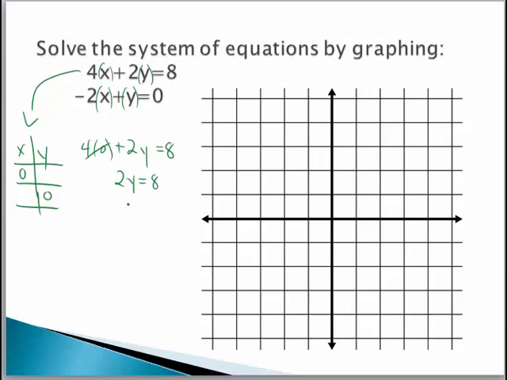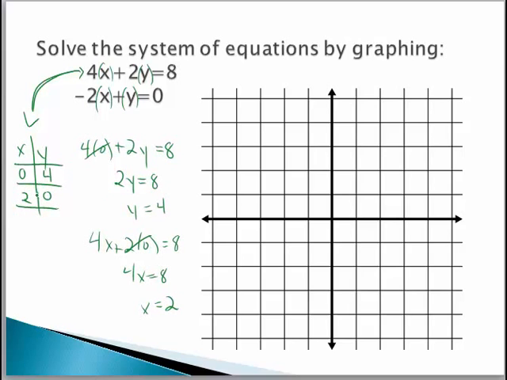Divide both sides by 2, and I get y equals 4. So there's the y-intercept. I'm still just working with this first line. 4x plus, and then I'll plug in 0 for y to find the x-intercept. That goes away. 4x equals 8. Divide both sides by 4, and x equals 2.